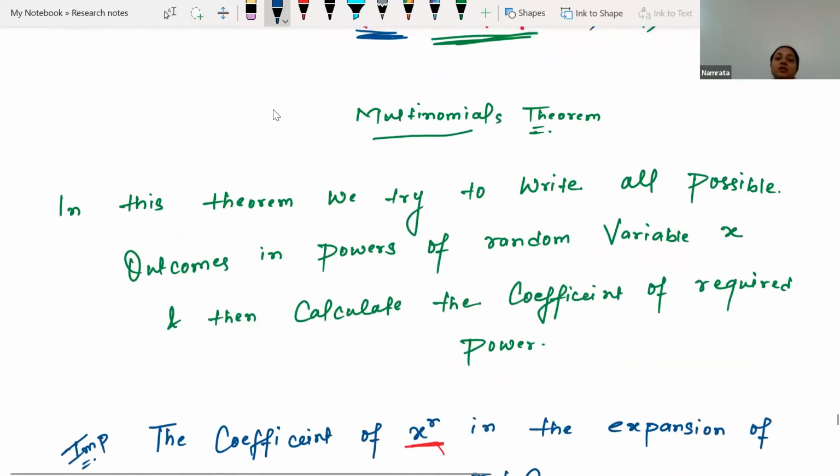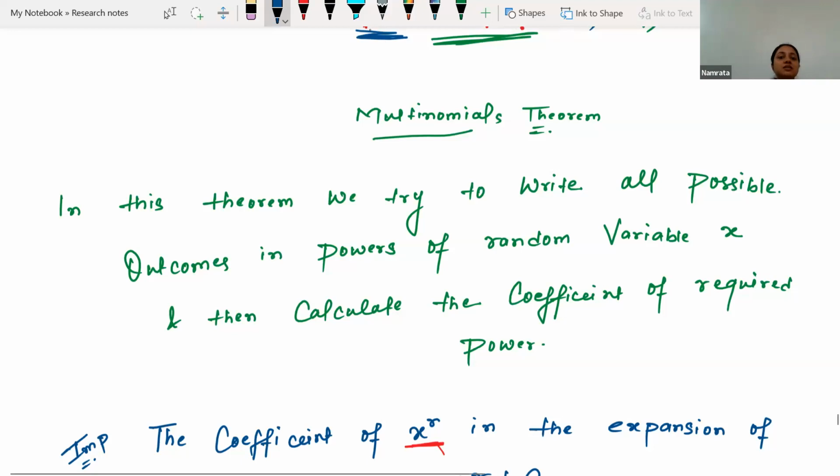Let's get back to the theorem. The theorem says, in this theorem we try to write all possible outcomes in powers of a random variable. We have written all possible outcomes, and then we found that it looks like a geometric progression. So we can apply the formula of the sum of the geometric progression. We have applied the formula.